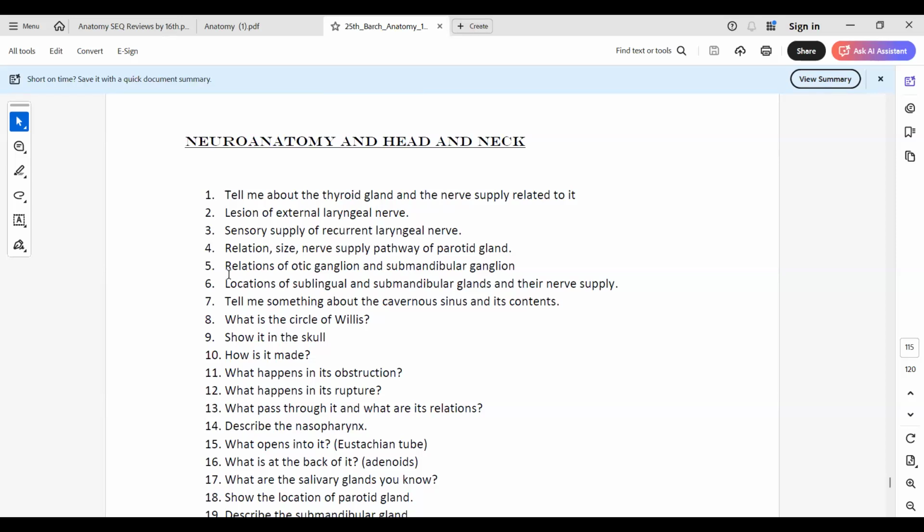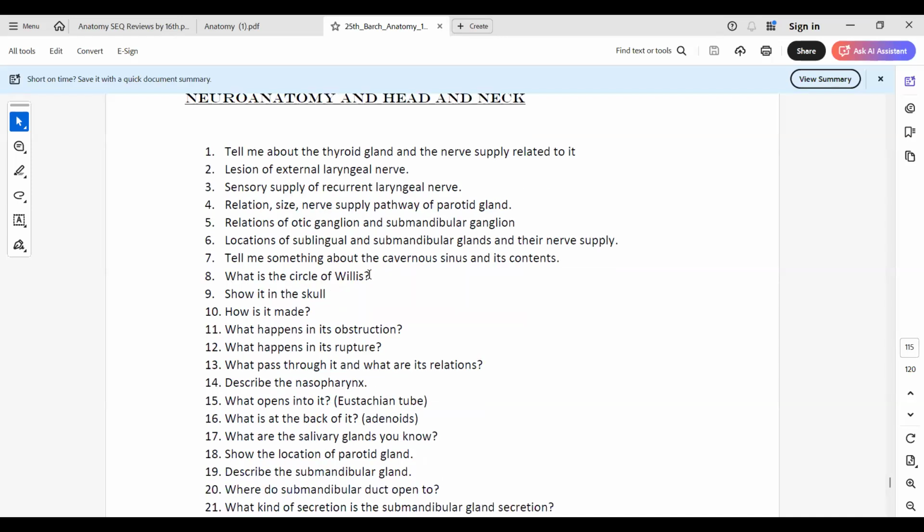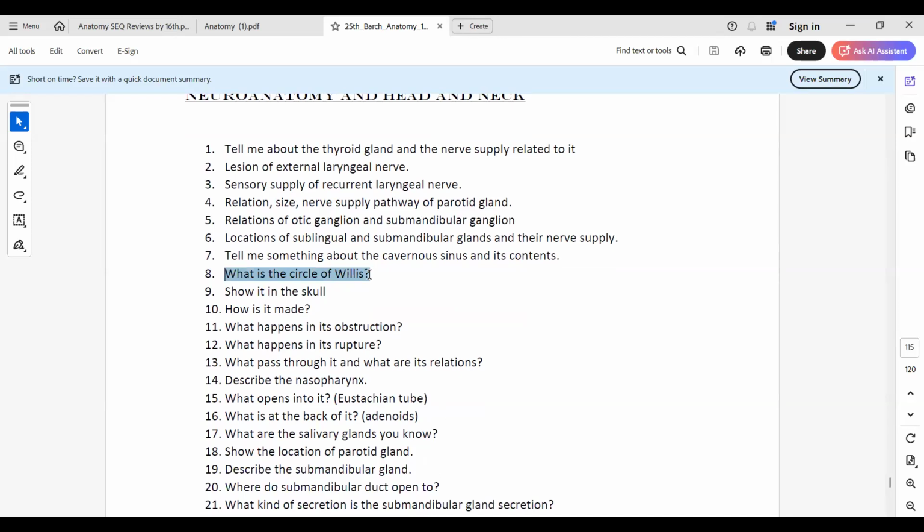Then you are going to tell the internal carotid artery, anterior cerebral artery, and how they communicate through the anterior communicating branches, and what happens if there is damage to this particular structure. These are the things you have to tell.